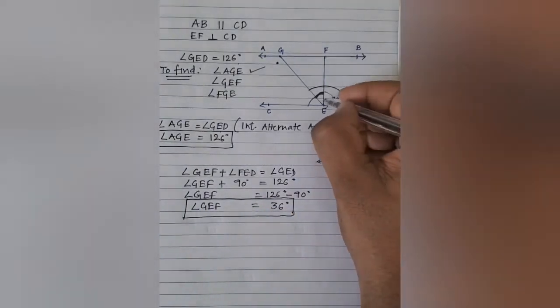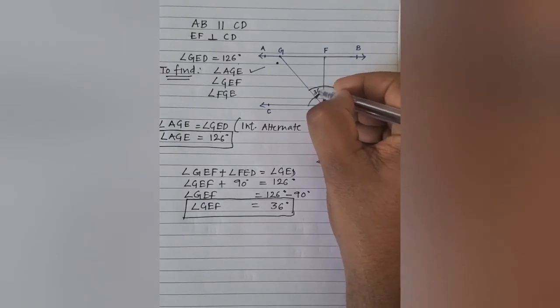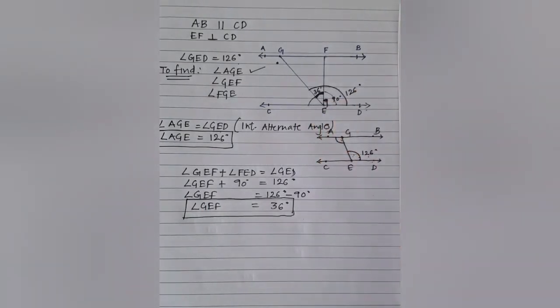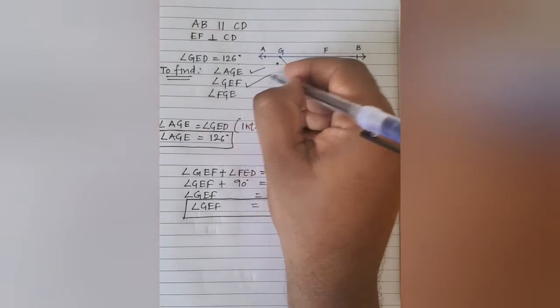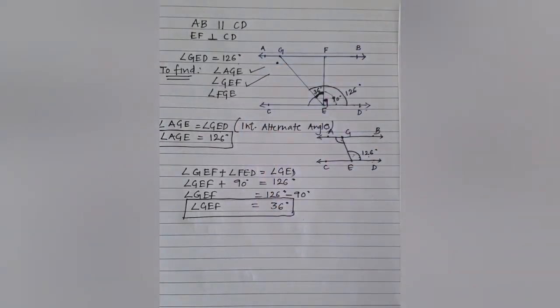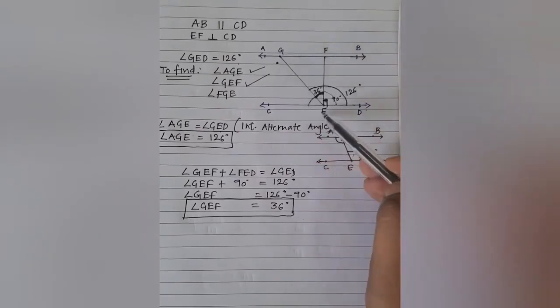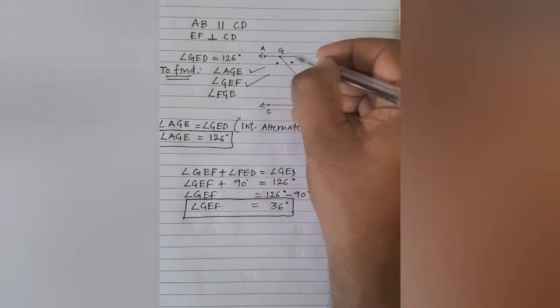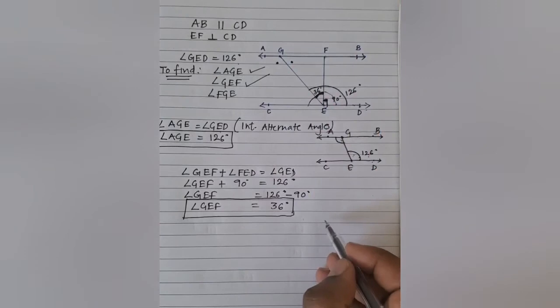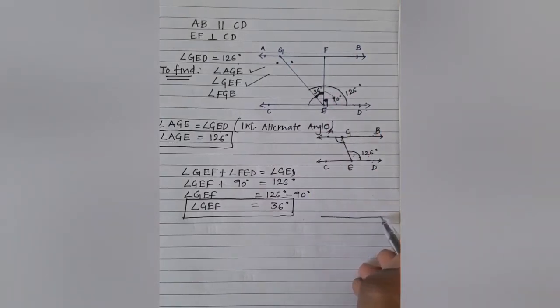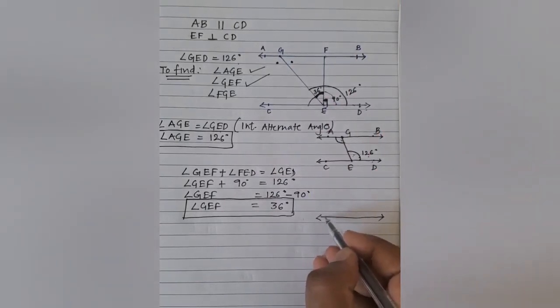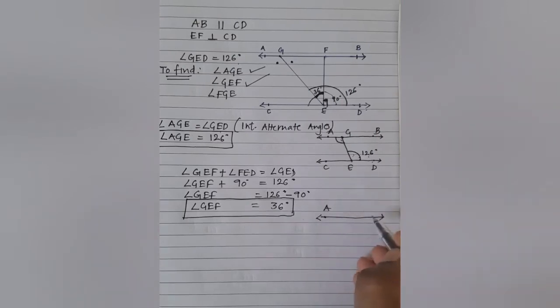So this is 90, this is now 36. Now, we have found GEF, what is left? FGE. Where is FGE? This angle. If I draw the figure, this is how it may look. I'm redrawing it so that you don't confuse it with the previous written things.